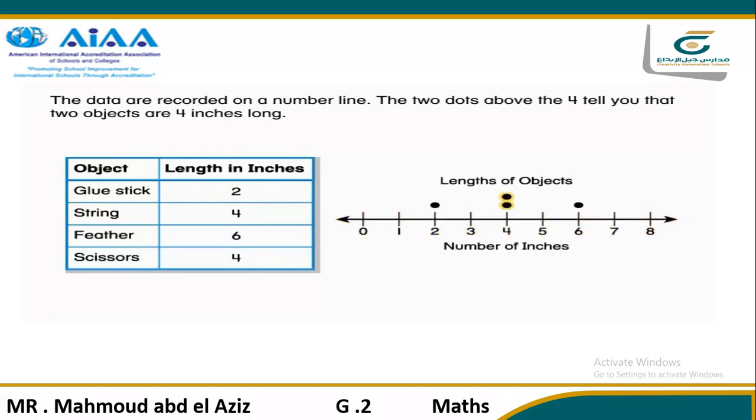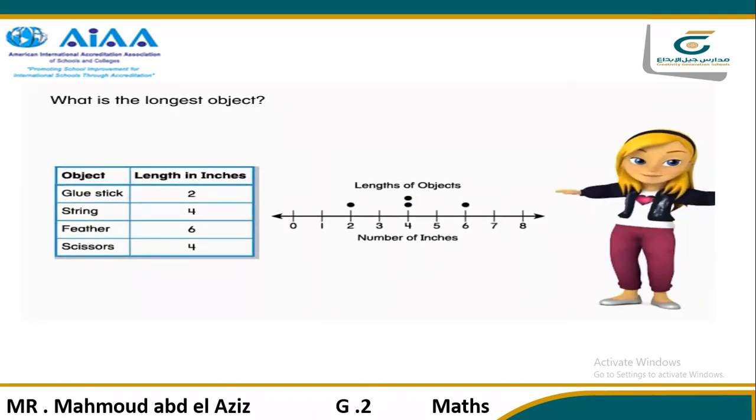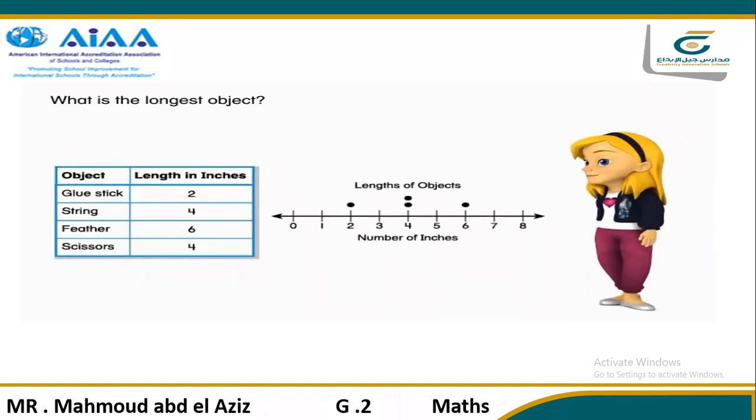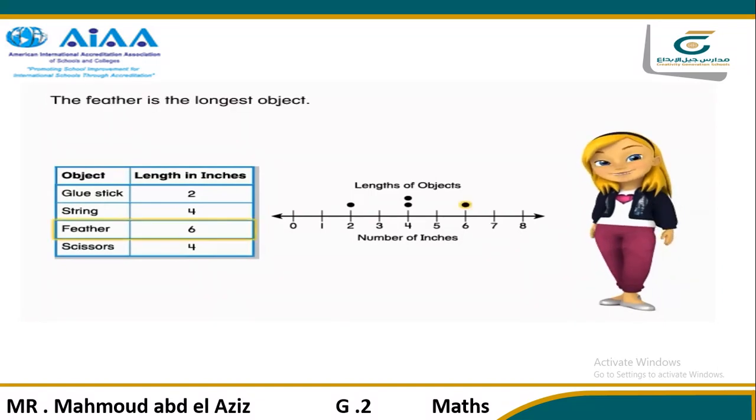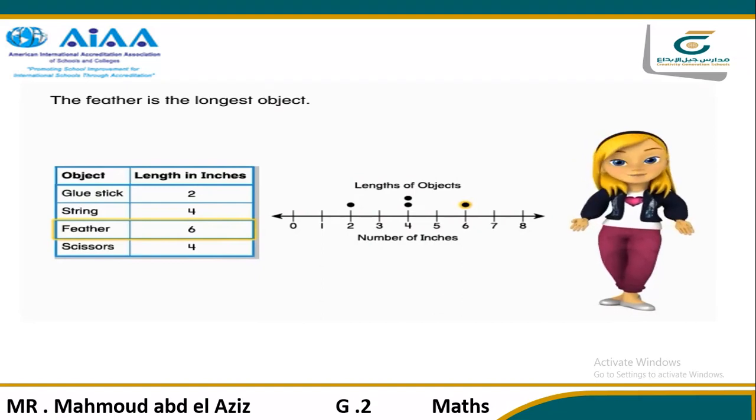The 2 dots above the 4 tell you that 2 objects are 4 inches long. What is the longest object? The feather is the longest object. Now you know how to use a line plot to display data.